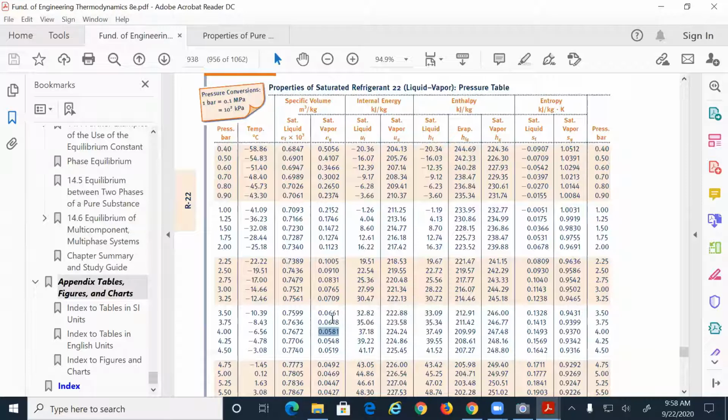So I'll show you now table A8 at P equal to 4 bars. We find that T saturation, which we said was equal to T1, is minus 6.56 degrees Celsius, and we find that V1 equal to Vg is equal to 0.0581 cubic meters per kilogram.